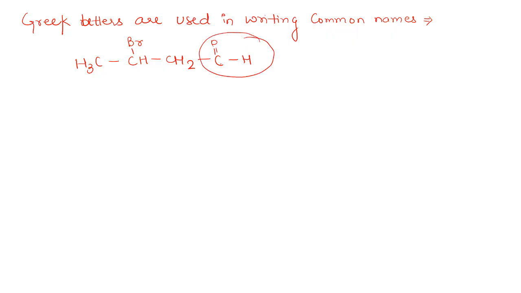The carbon attached adjacent to the functional group is alpha, then it is beta, then it is gamma, like this. So we have beta bromo, 4 carbon chain, butyraldehyde. This is the common name. Okay.